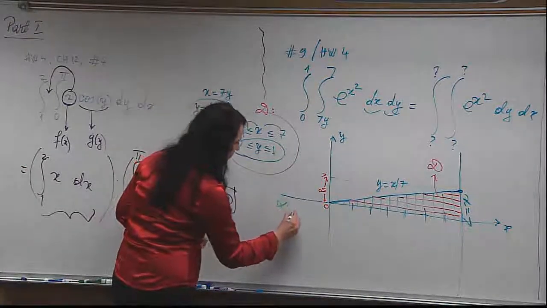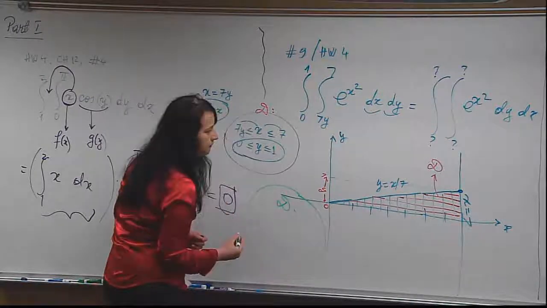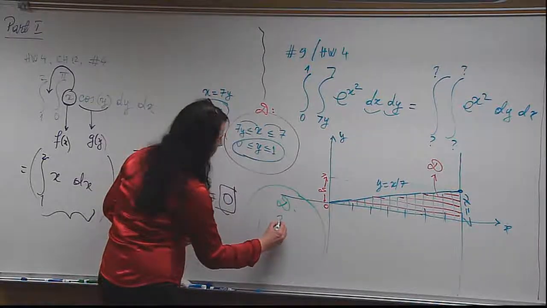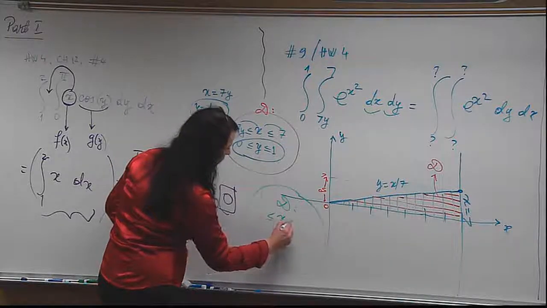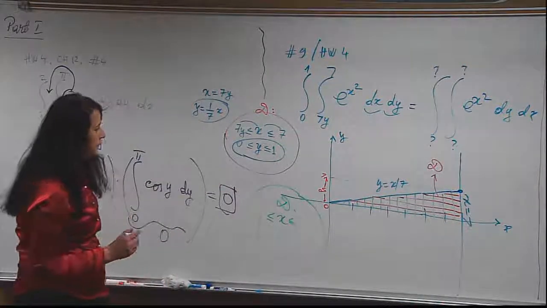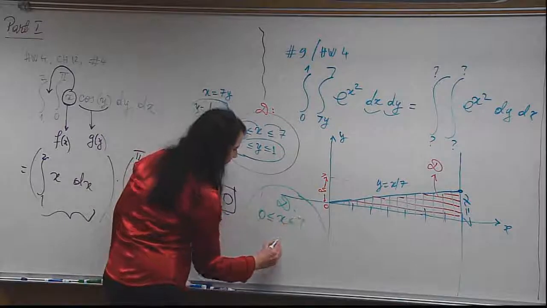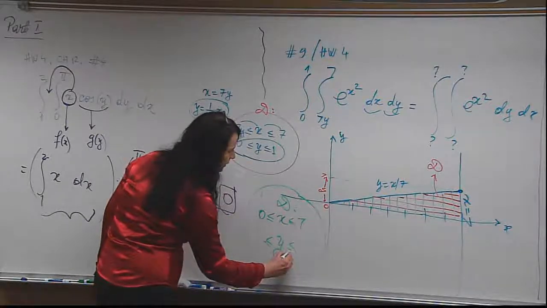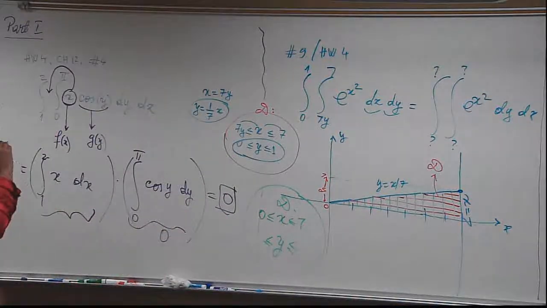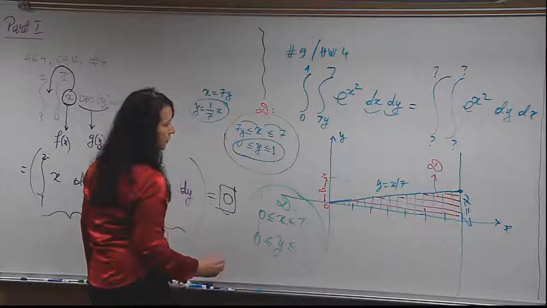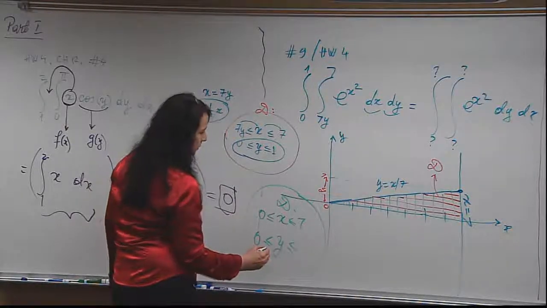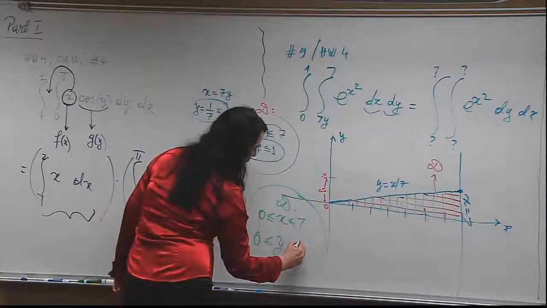That D with vertical strips is going to be x between, yes, first the fixed numbers, 0 and 7, and y between 0 and x over 7.